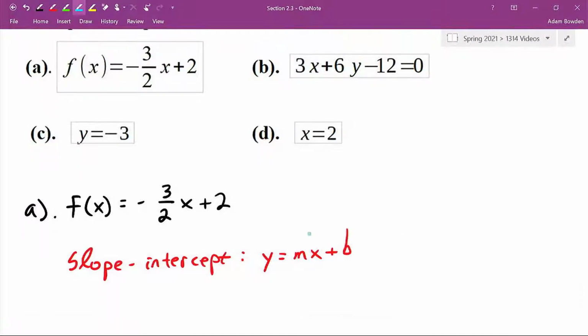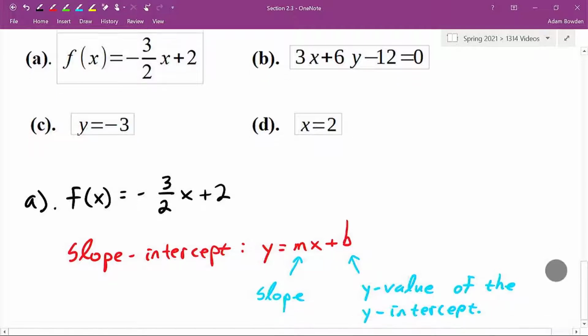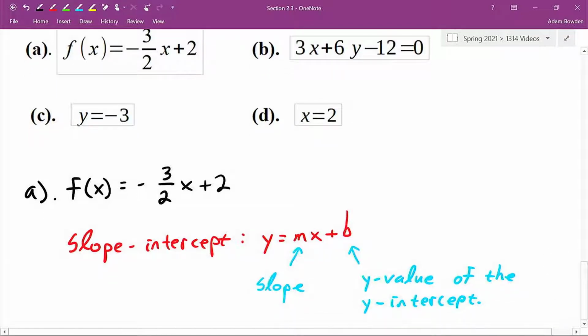The m goes along with what we've been working with so far, which is the slope. And b is going to stand for the y value of the y-intercept. So slope-intercept form is very convenient for that reason.